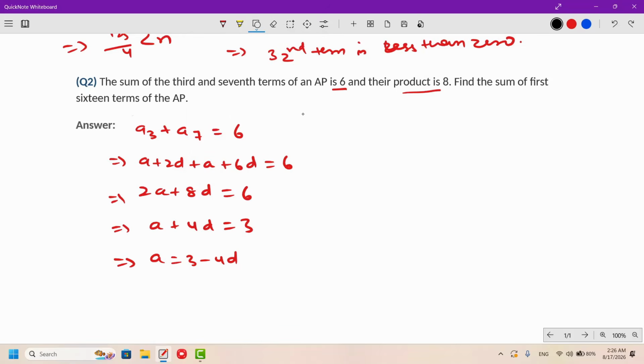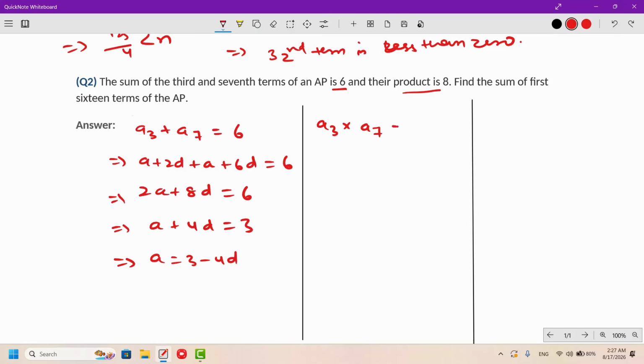their product, so let's make a line and then we'll solve it. Their product, A3 times A7, equals 8. Means (a plus 2d) times (a plus 6d) equals 8.